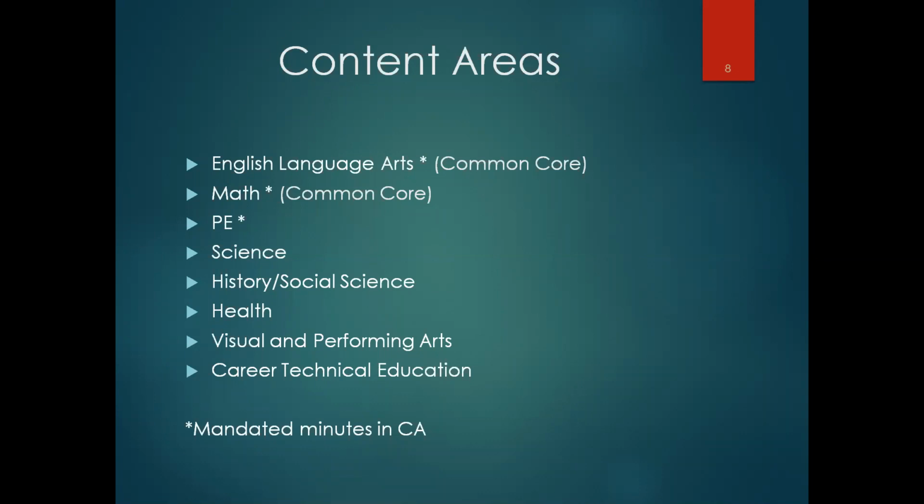And they did an audit statewide, and the guy won a ton of money because he found that a lot of districts weren't meeting their minimum minutes when it came to PE instruction. So make sure you're hitting those 200 minutes, and PE and recess doesn't count as PE. Science and history are not mandated by the state of California yet. There are California state approved materials in both of those areas, but they are not mandated.